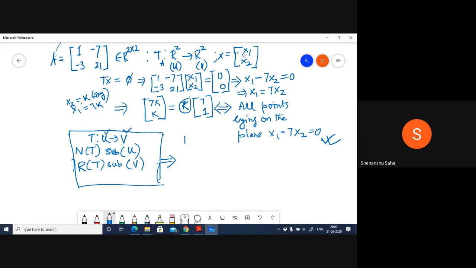Now let's think about something that maps a vector space to another vector space of identical dimension. The dimension is exactly the same.